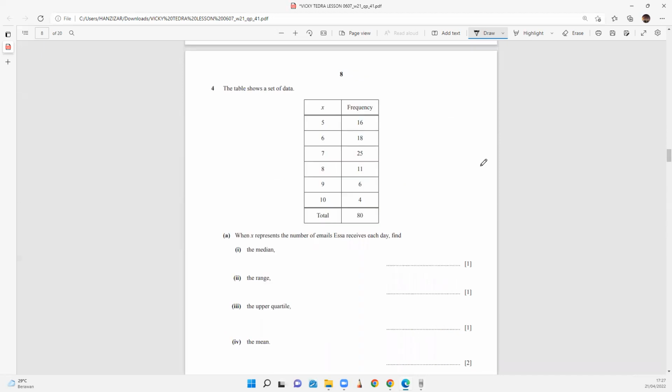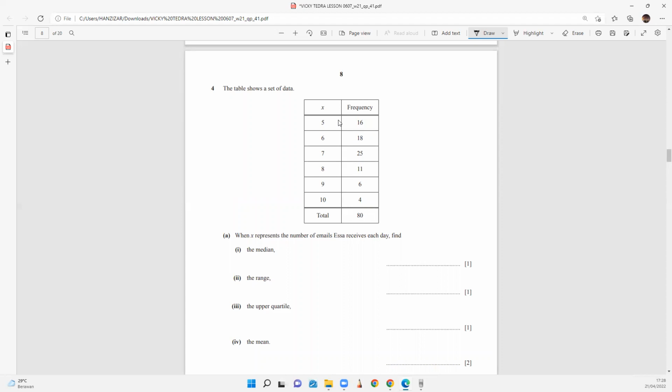Okay, next, number 4. The table shows a set of data, where X represents the number of emails received each day. This is the amount of emails she gets, and the frequency is how many days she gets 5 emails per day.